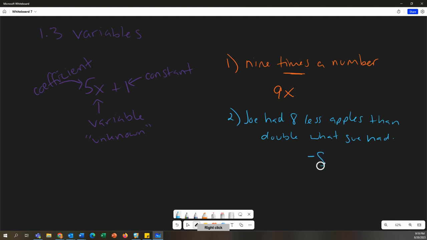That means I'm going to be subtracting 8. 8 less than what Sue had. So Sue has some amount of apples and Joe has 8 less, but it's less than double what Sue had. Double means Sue had twice as much, minus 8. So there's your expression.